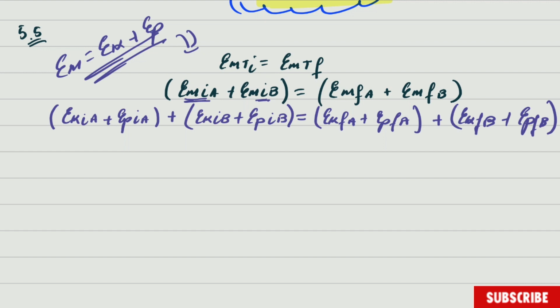Once more, we need to know the formula for kinetic energy and potential energy. At this point, you need to know that kinetic energy is equal to half mass multiplied by speed to the power 2, and that potential energy is the product of mass, acceleration due to gravity multiplied by the height.